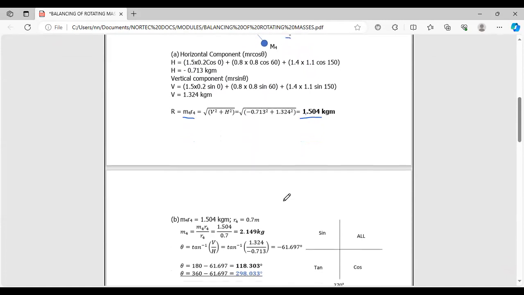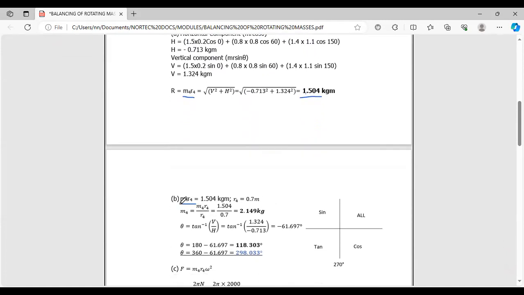If R4 is 0.7 meters, and we also have M4R4, then we should be able to get mass number 4. So all we do is make M4 the subject. Then M4 will be equal to M4R4 divided by R4. If you check where we're coming from, the product M4R4 came out as 1.504. Then radius number 4, where we're supposed to put this mass required to restore balance, is 0.7 meters.